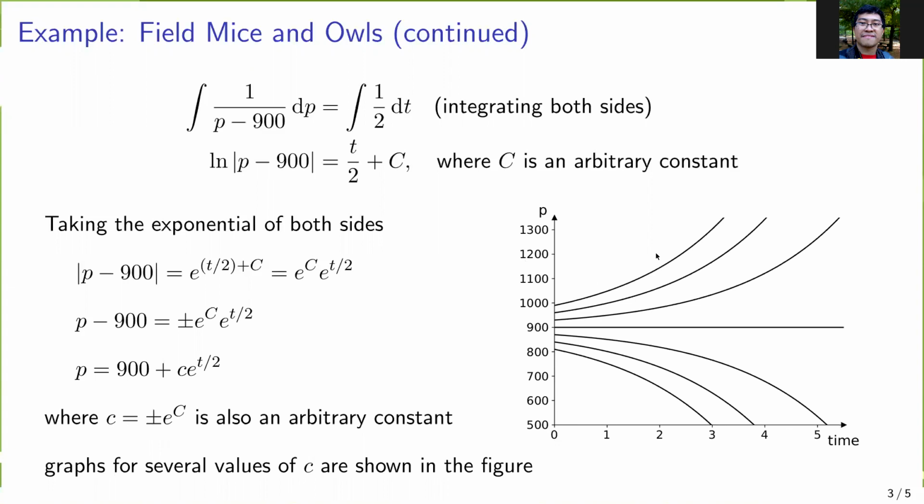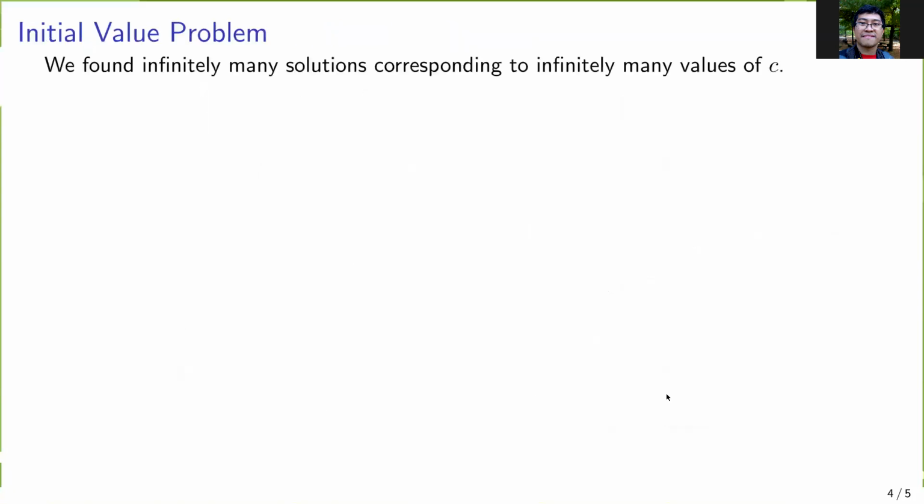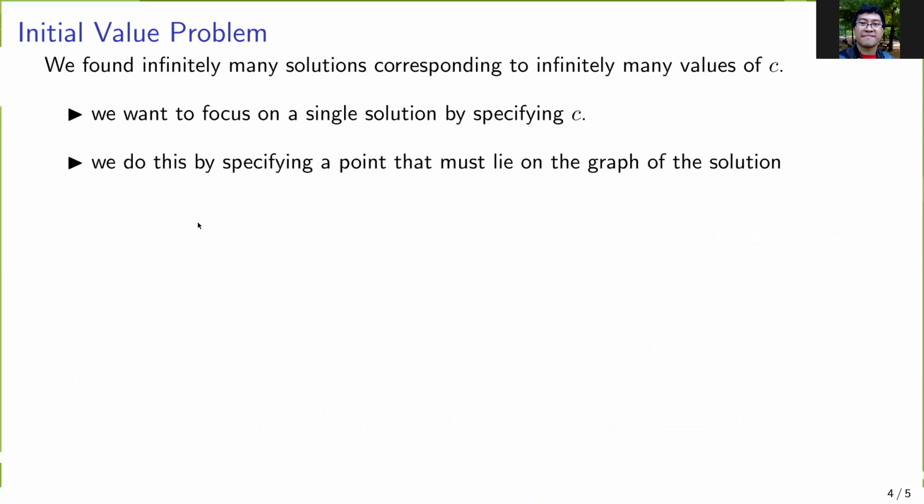So 90 would be, so if it slopes up, it's 90, 60, 30, 0, then negative 30, negative 60, and negative 90. So we actually have infinitely many solutions because we can assign many values of c.